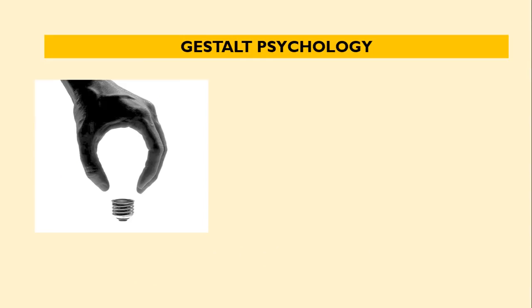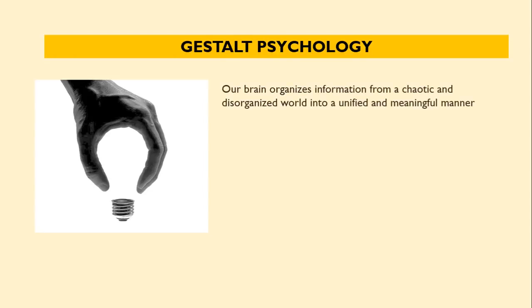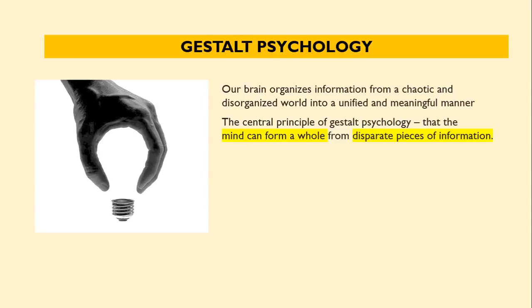So, as I mentioned previously, Gestalt theory is actually part of the field of psychology. So psychologists have actually theorized that our brains are powerful enough to find patterns based on loose information that we gather from the world.